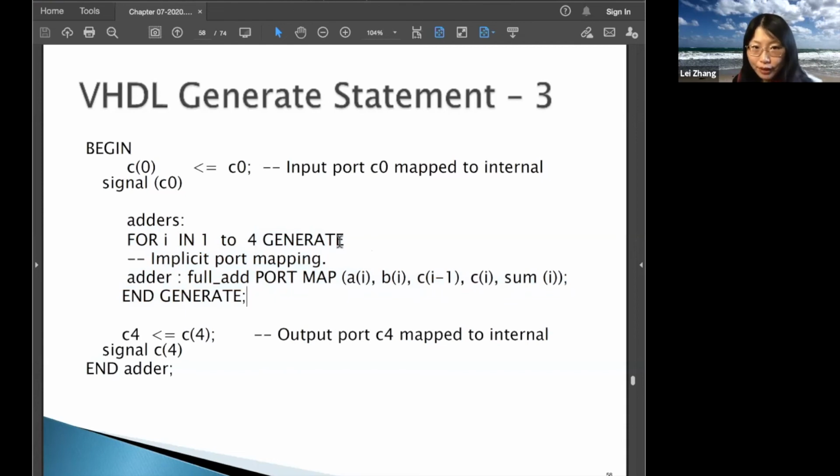Then you will have to figure out the number here, for I from 1 to 4. By doing that, you will know exactly how to connect the input port signal to the output port for the entity.